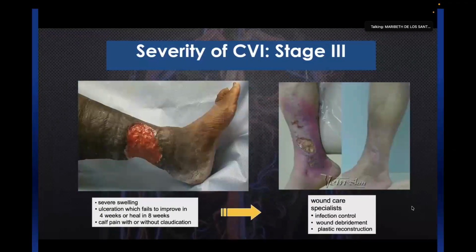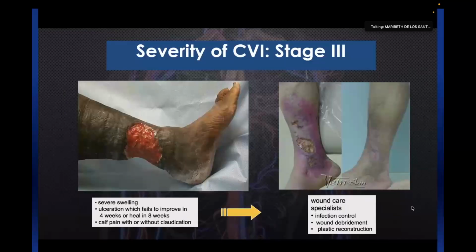And the most severe expression of CVI is stage 3 CVI. Here we have severe swelling, and the hallmark of stage 3 is the presence of ulceration, which fails to improve in 4 weeks or heal in 8 weeks.